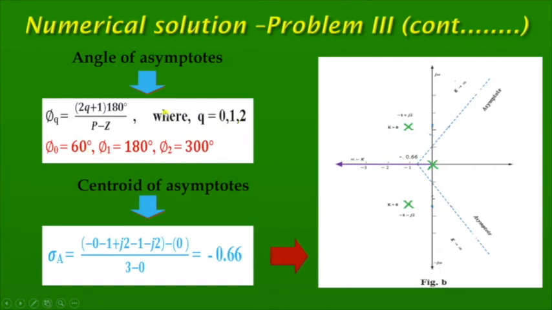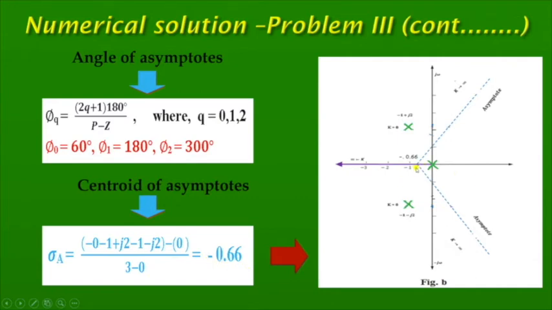When k equal to 1, then this angle is 180 degree. When k equal to 2, this angle is 300 degree. Then find the centroid of asymptotes. Sigma A, summation of all poles minus summation of zeros, divided by 3 minus 0. Then this answer is minus 0.66.